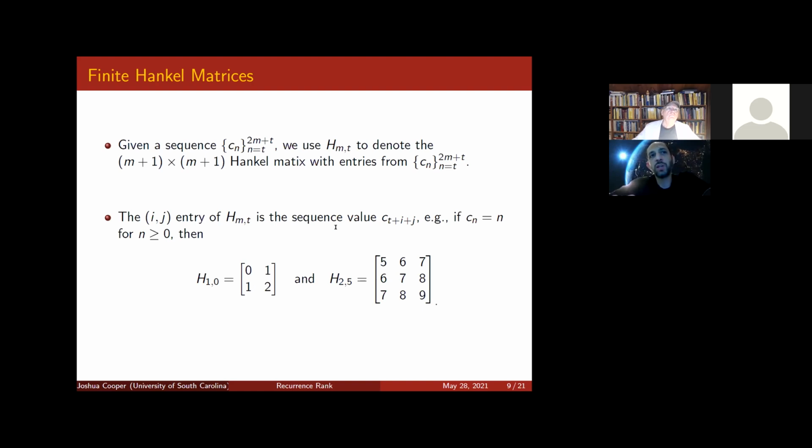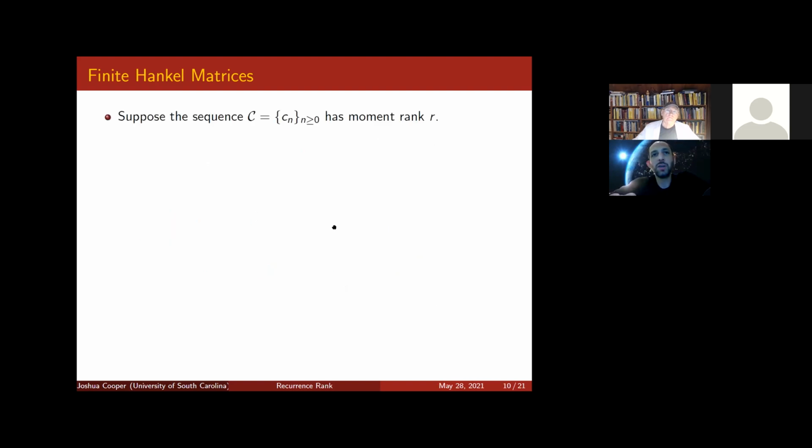We start with 0 and it's 2 by 2 because that first parameter m is 1. And then H sub 2,5 starts with 5 and it goes up 2 more terms, 5, 6, 7, etc. That's what these Hankel matrices look like. Any matrix with this structure is called a Hankel matrix. You could just give its first row and last column as its generating sequence.